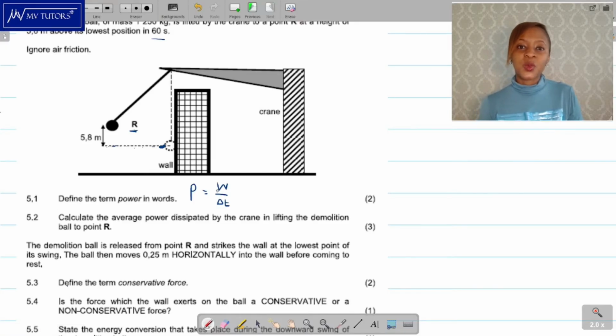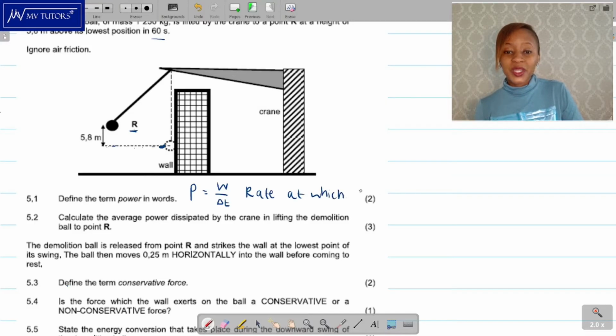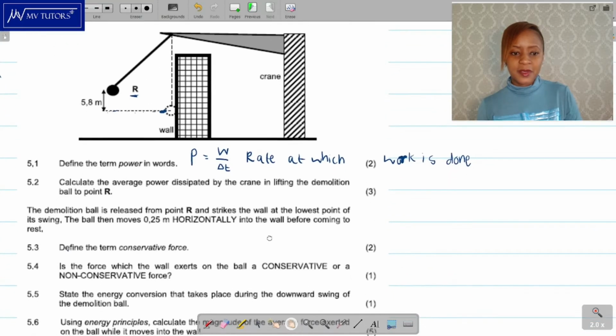As soon as you see the word rate, you know that time is involved. So I like that definition better. Power is the rate at which work is done.